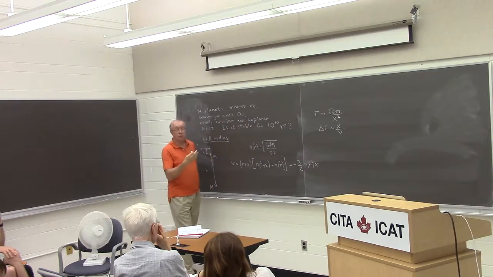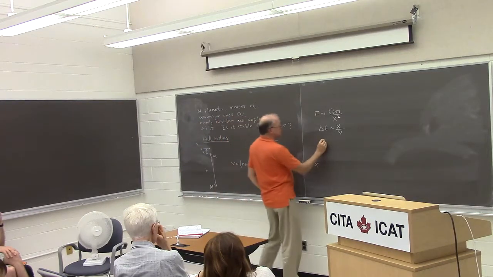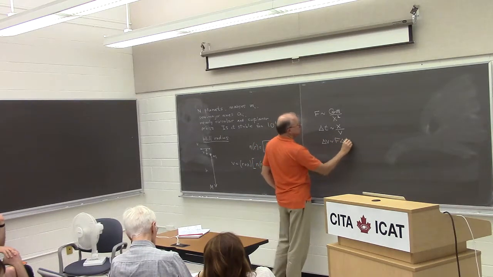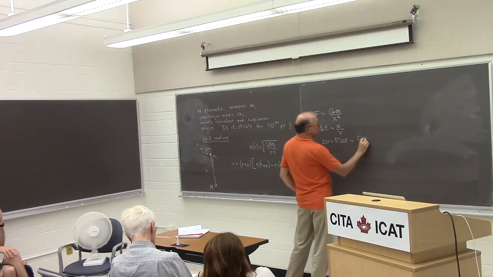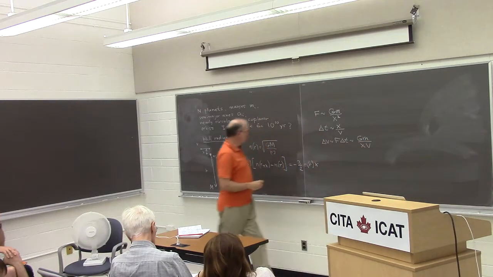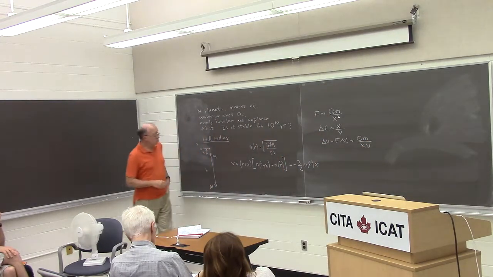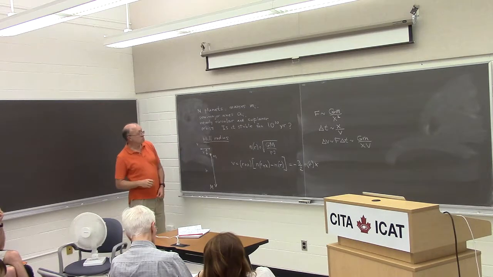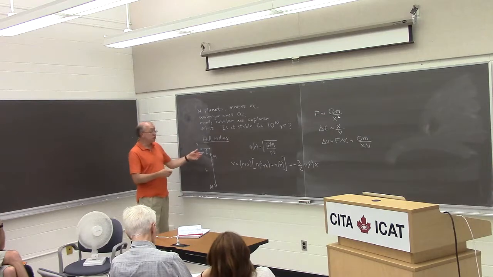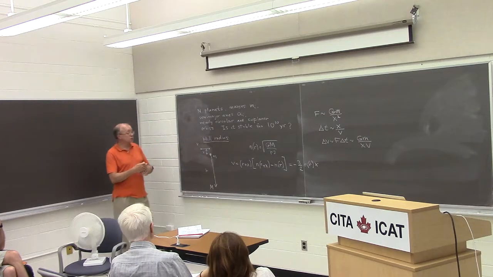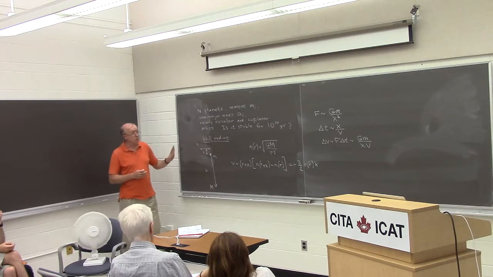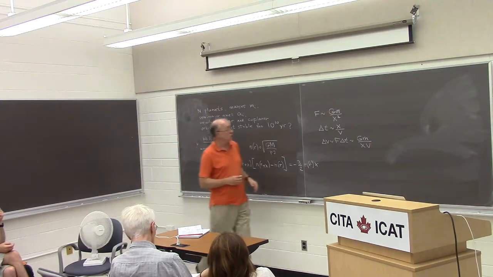And so the change in velocity that it gets is delta v, roughly f delta t, which is Gm over xv. This is very crude. It's neglecting the Coriolis force. It's neglecting the details of the change in force as it goes past. But I'm just trying to make an approximate argument.